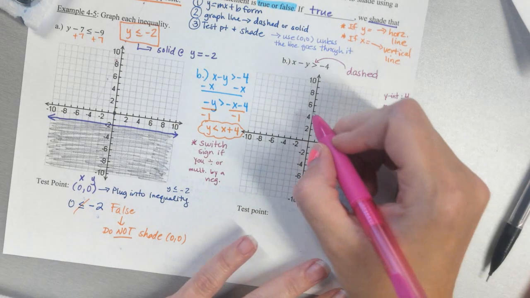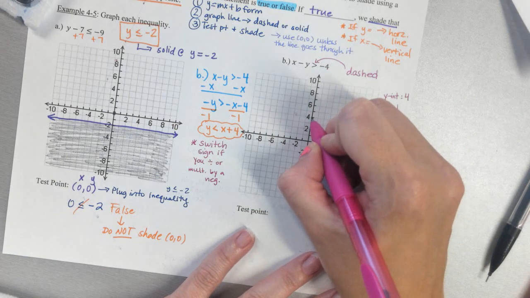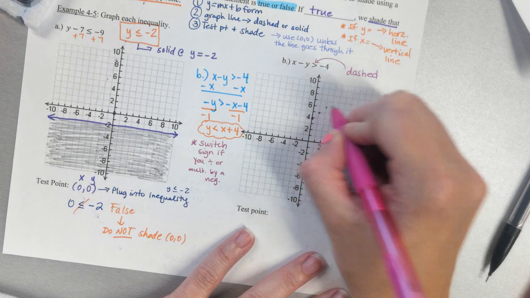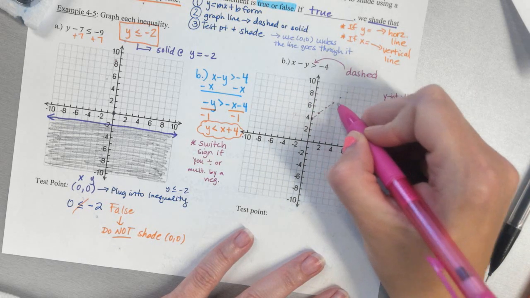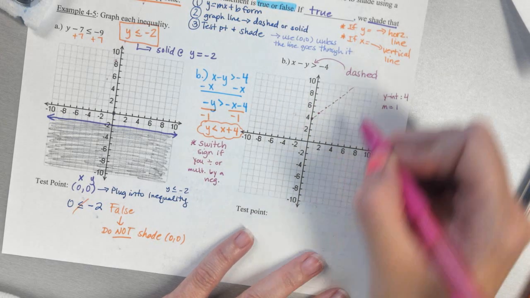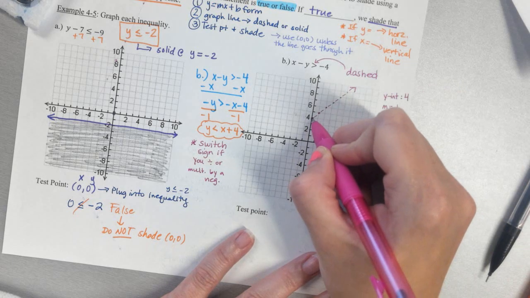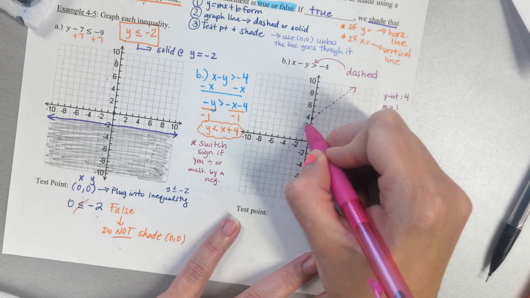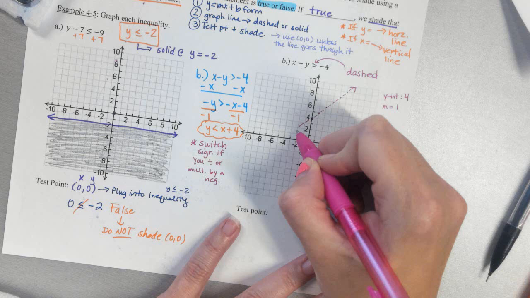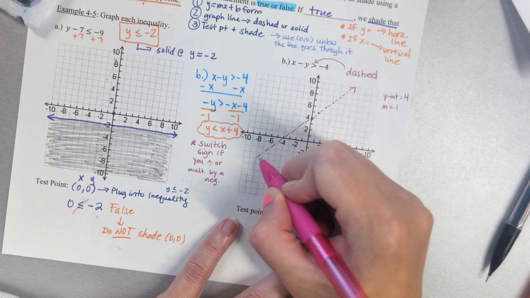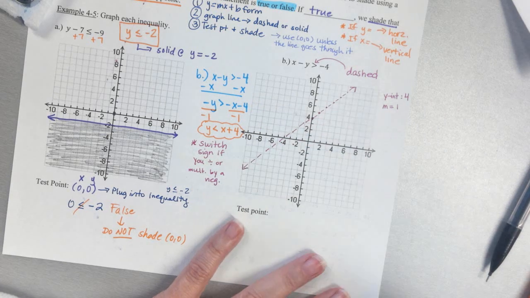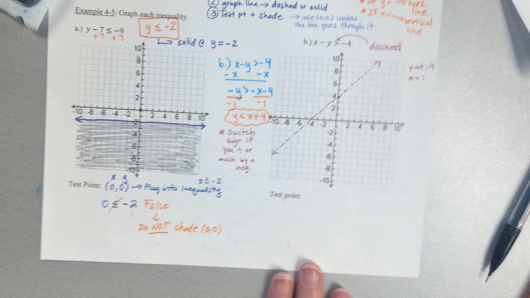So if I start at 4, and I go up 1 over 1, really you can just put your dashes in here, okay? So our arrow, and then we can go back, down 1 to the left, down 1 to the left. If it's the 1, that's pretty simple to do.